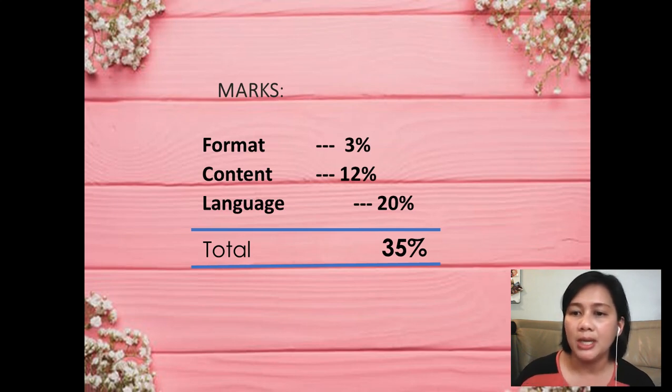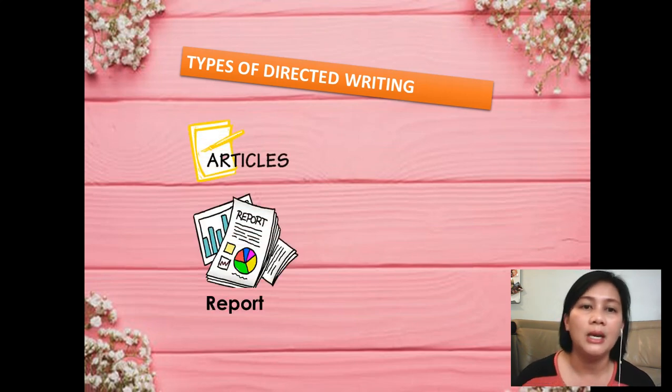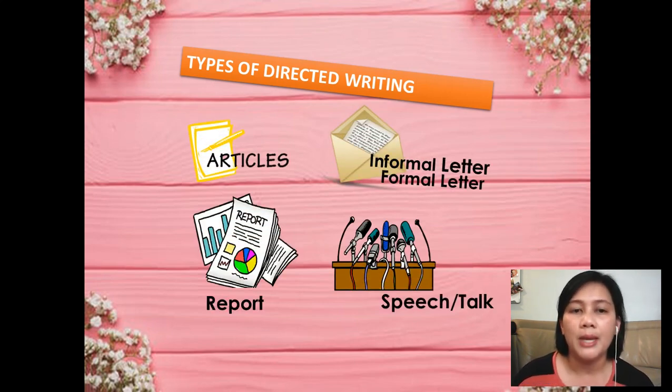So language has the biggest mark, which is 20, and then the content 12, and the format 3. Okay. So these are the types of directed writing that you can expect for question 1. Okay, we have articles, we have formal and informal letters, and then we have report and speech or talk.